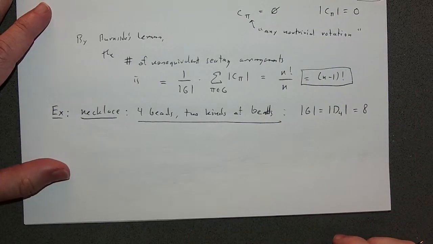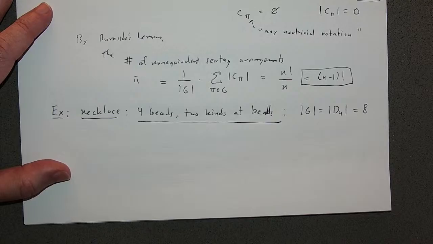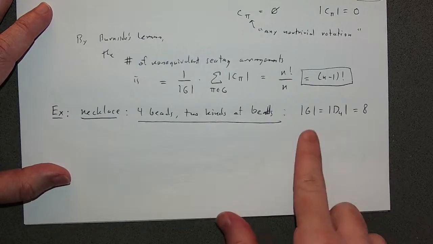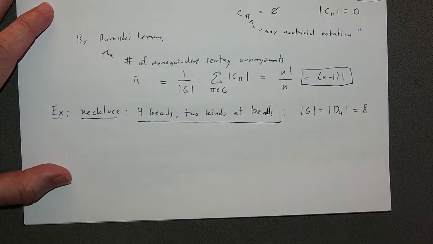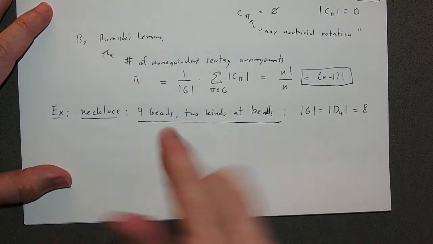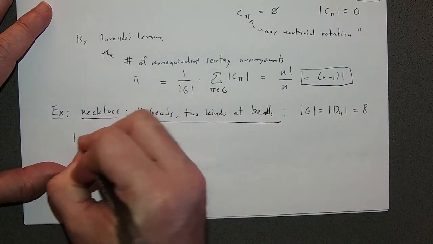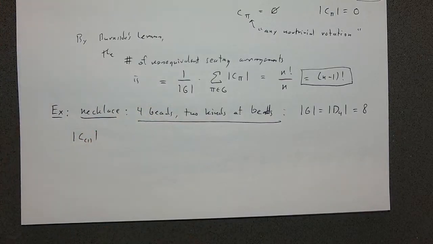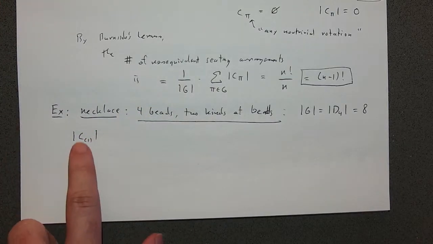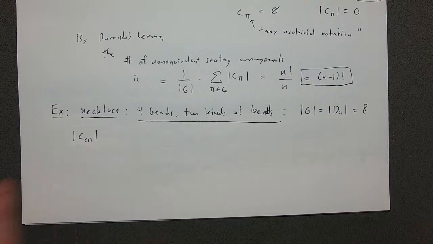Okay. We need to compute all of the different invariant sets. So in this case, what are the sizes of all of these invariant sets? So there's the size of the invariant set of C sub, this is the invariant set for the identity permutation. What is this?